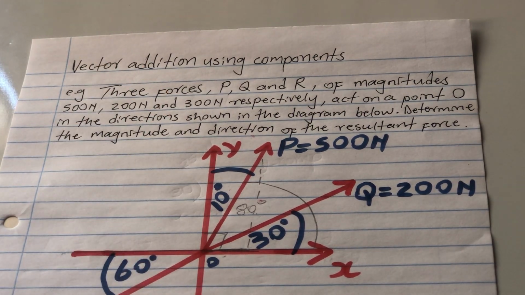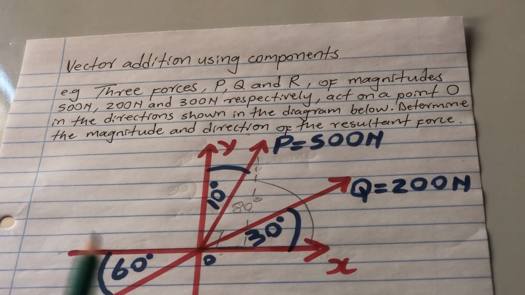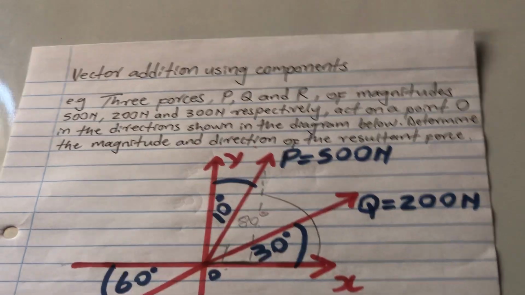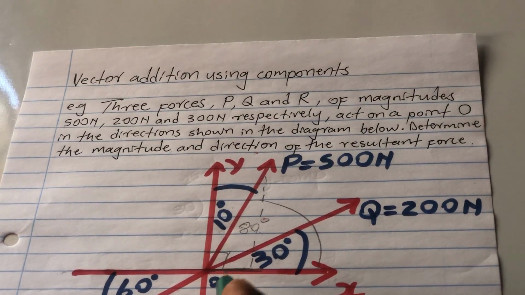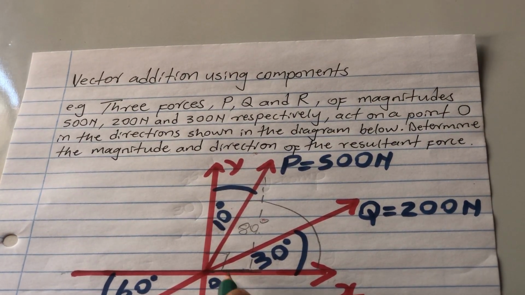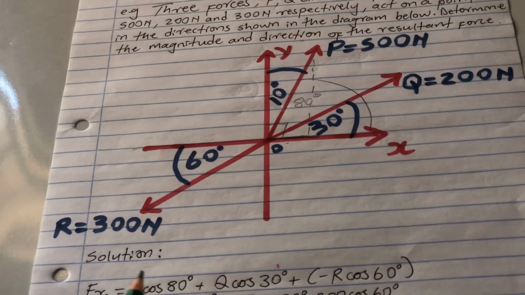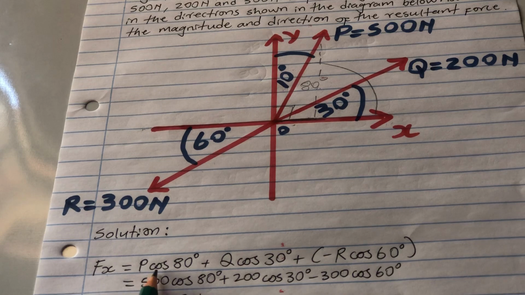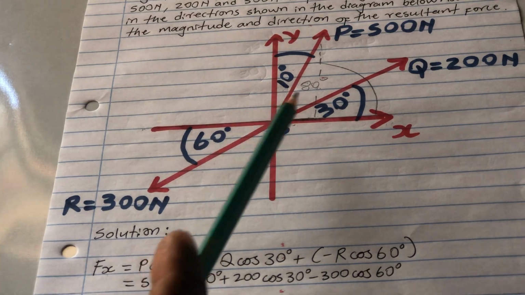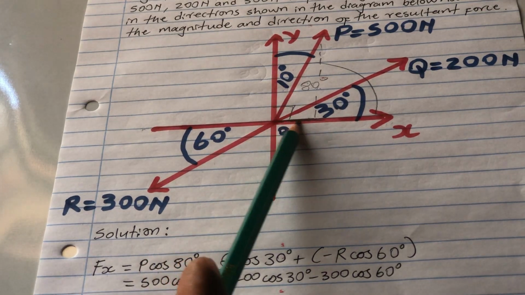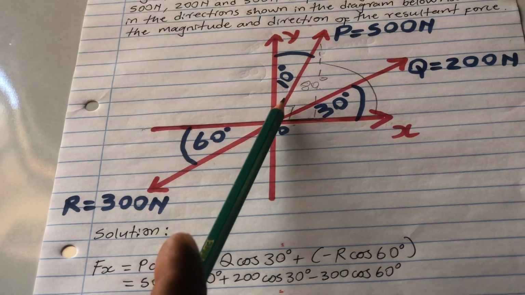Here, the formula which will make it possible for me to calculate px, which is the x component of p, is this one: p cos 80. This is the 80 between the x-axis and vector p.